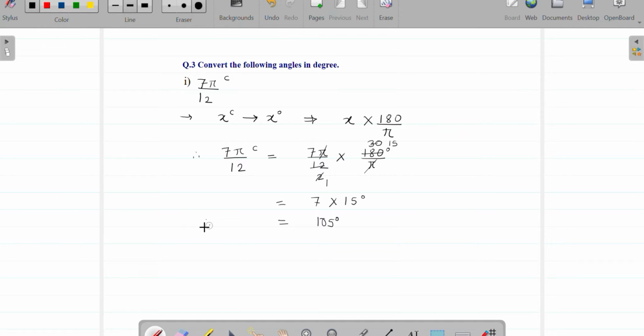And therefore 7 pi upon 12 radian is equals to 105 degree.